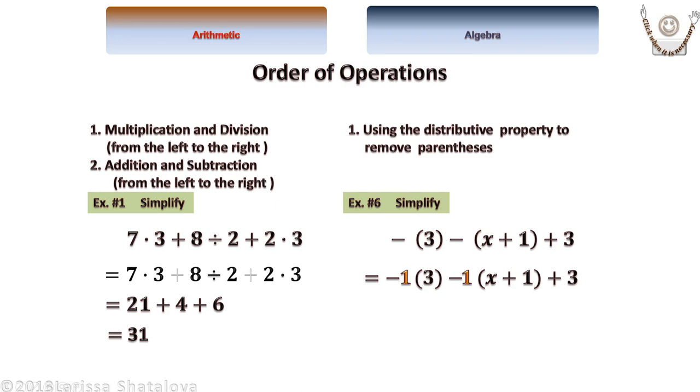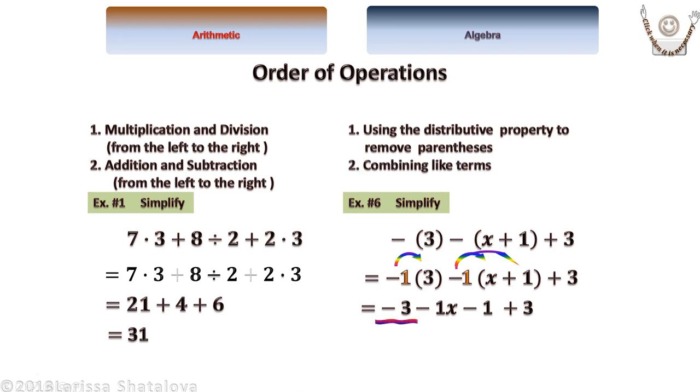Now we can use negative 1 times positive 3 will be negative 3, negative 1 times x, negative 1x, and negative 1 times positive 1, negative 1, and positive 3 we have to keep. After that, the request is combining like terms. Okay, let's identify like terms, constant terms. Negative 3 and negative 1 and positive 3 would be just negative 1, and we have to keep negative 1x.